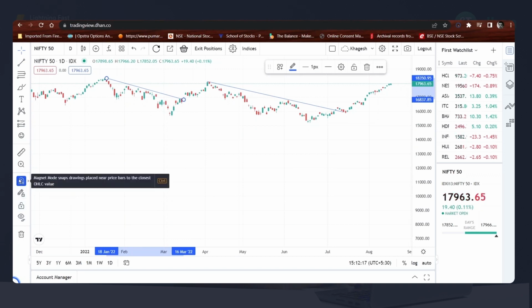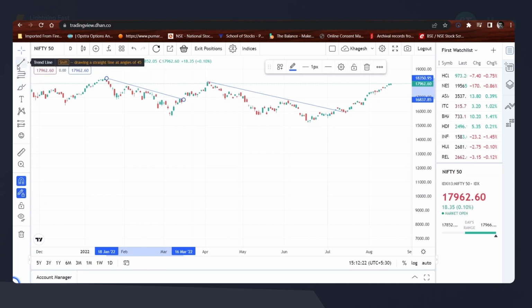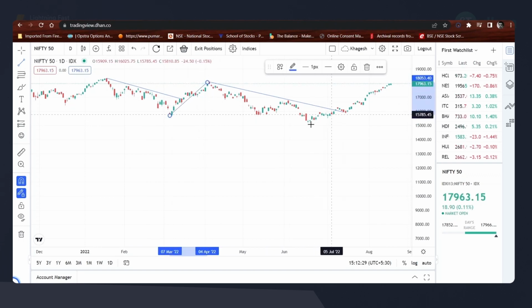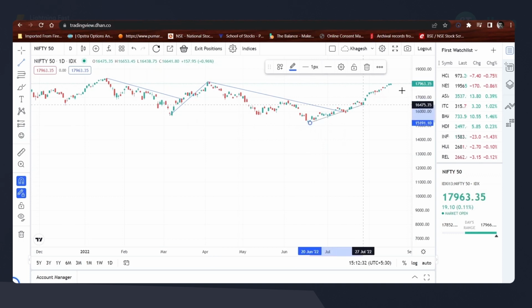That is the symbol just below the magnet symbol, which means once I have selected one particular indicator or tool, I can use it n number of times till I unselect it and select something else. For example, this, it is still in the same mode. I am able to draw more lines without having the need to go and select that again. So number one, magnet mode, and number two, drawing mode. These are the basic things.